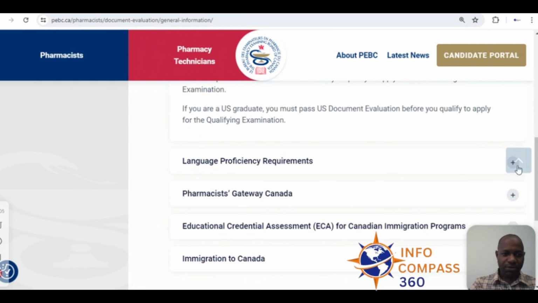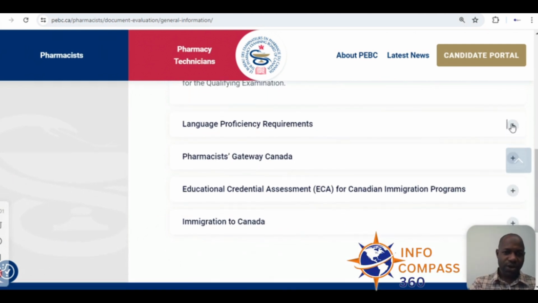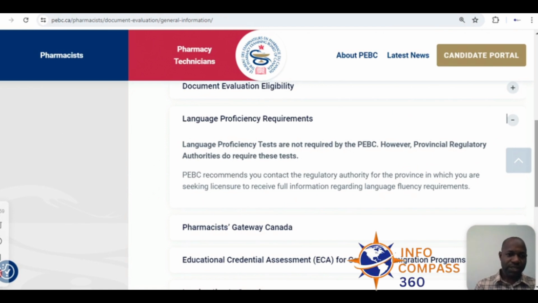And moving on from that, you will look at the language proficiency requirements and see what applies to you. Particularly, the language proficiency tests are not required by the PEBC. However, when it comes to registration, you would be looking at the specific province that you would be looking to work.